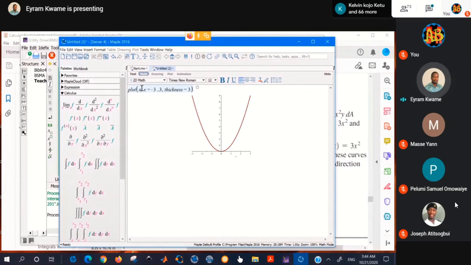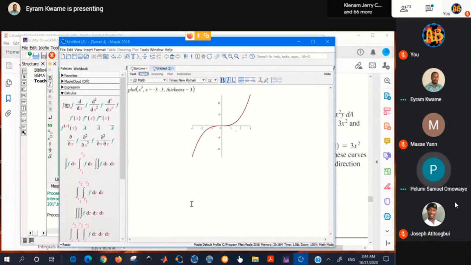So let's plot x cubed. Yeah, this is how it will look. Is that okay? Yes, sir. Good.